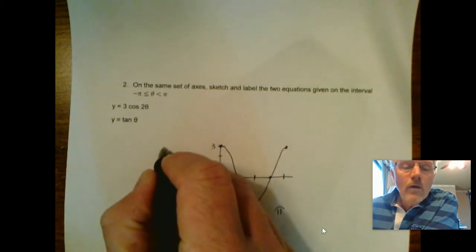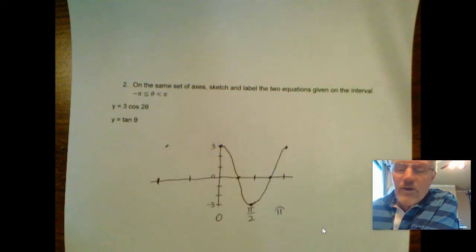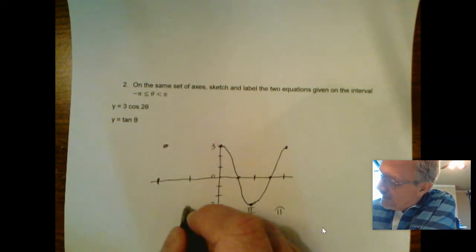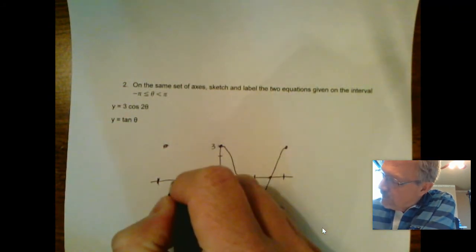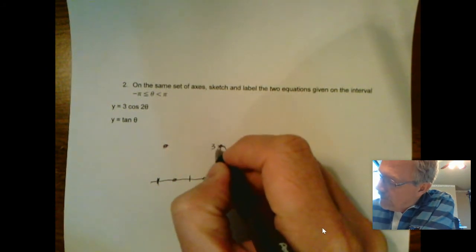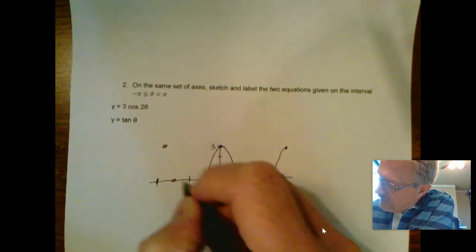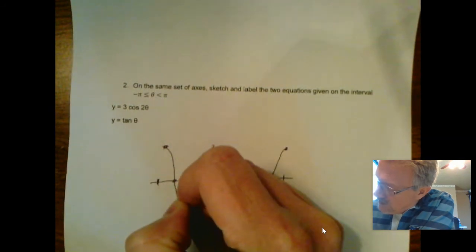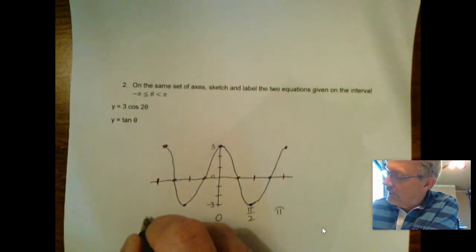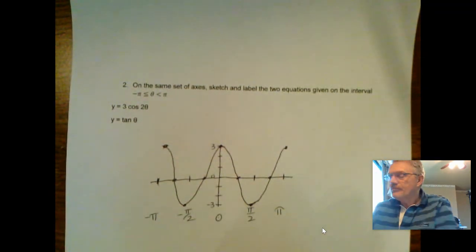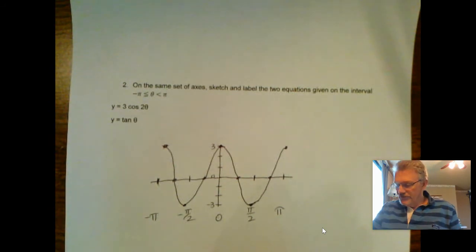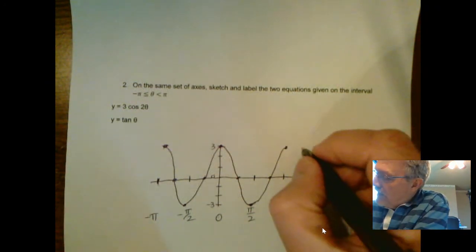So it looks pretty good, and we'll just make the dot bigger. Halfway through, it's at the negative of the amplitude. Quarter of the way through, 3/4 of the way through, it's at 0. So I should get a graph pretty similar to what I did between 0 and pi. So that is my y equals 3 cosine 2 theta.